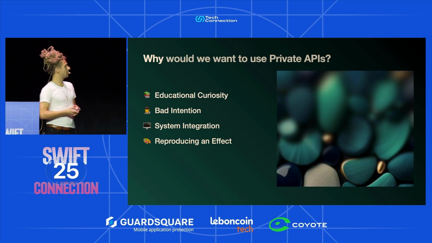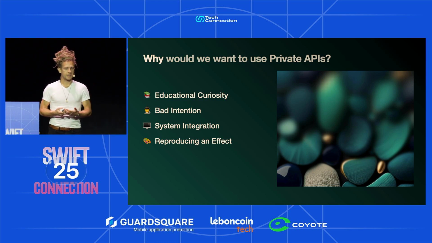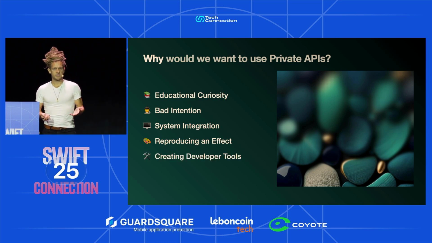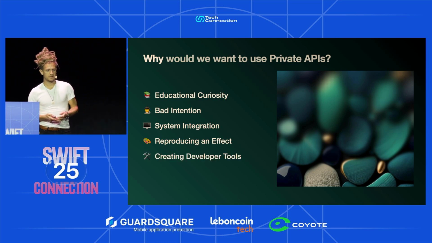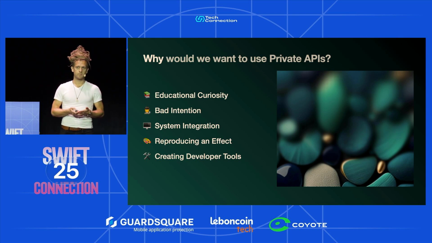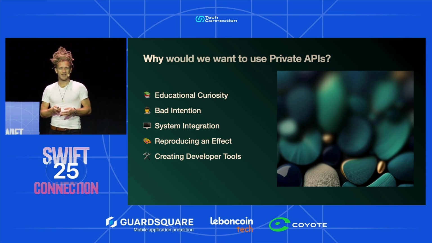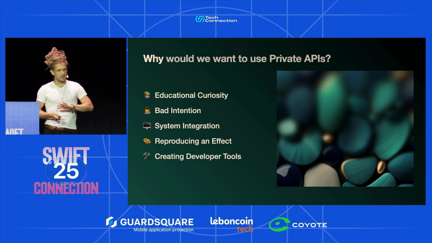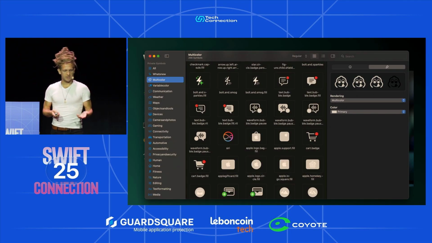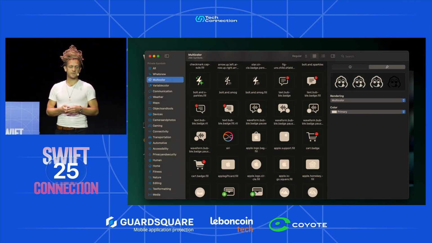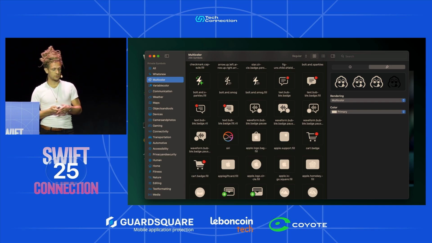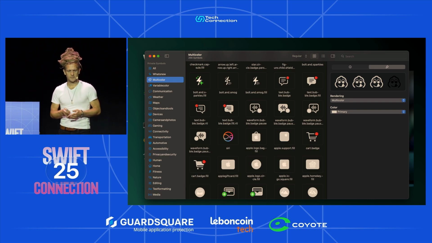Or another reason might be to use some effects like this variable blur that Apple uses in their own OS. And eventually, you may find yourself wanting to create a developer tool that might need non-public APIs. I actually ditched my camera prototype and created a fork of SF Symbols that allows me to browse those private symbols.